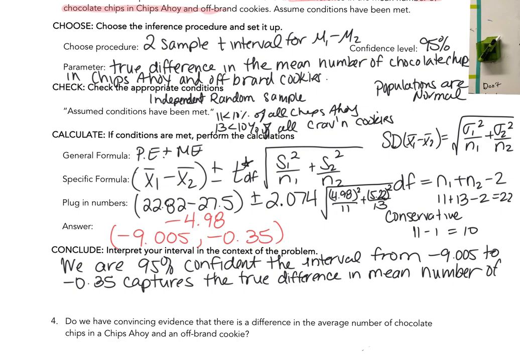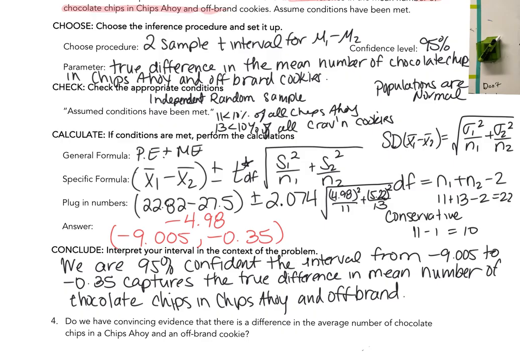I am just rewriting my parameter here in this part of the sentence. And the best way to do that is to restate it from the question. In Chips Ahoy and off-brand.